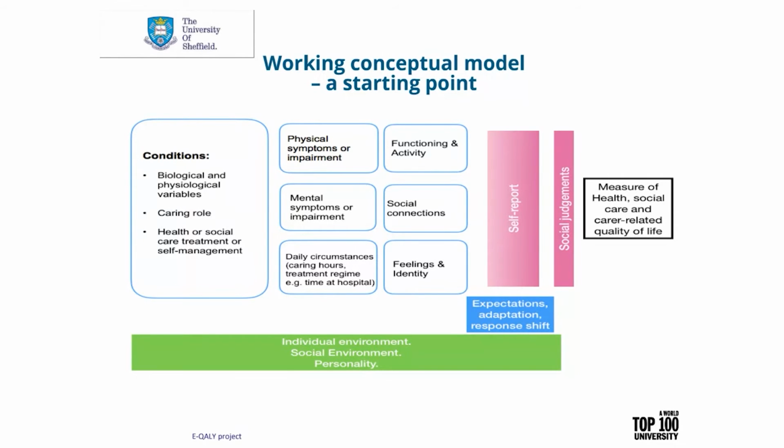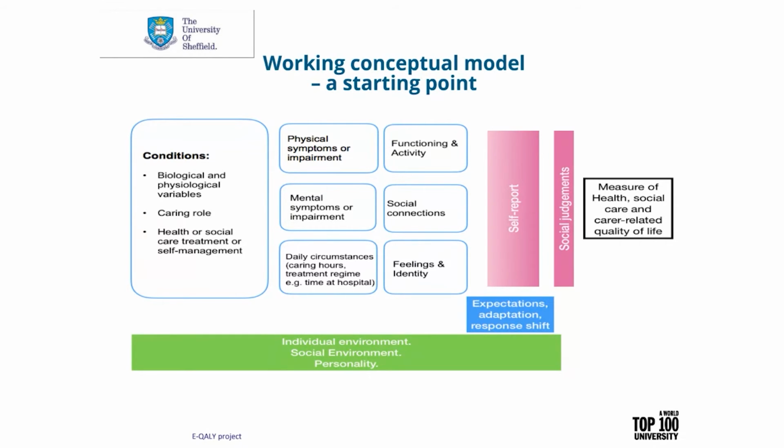And we're interested in looking at how the symptoms or impairments that might arise from those biological and physiological variables, and in turn, the impact that they have, particularly on functioning. And then lastly, we're asking people to report how this impacts on their health and health-related quality of life.